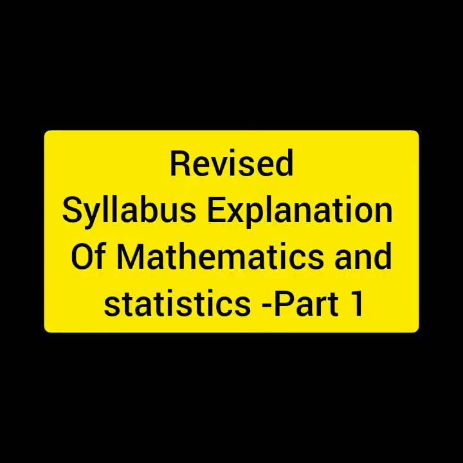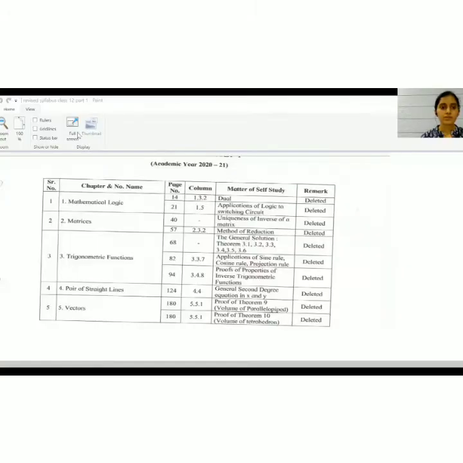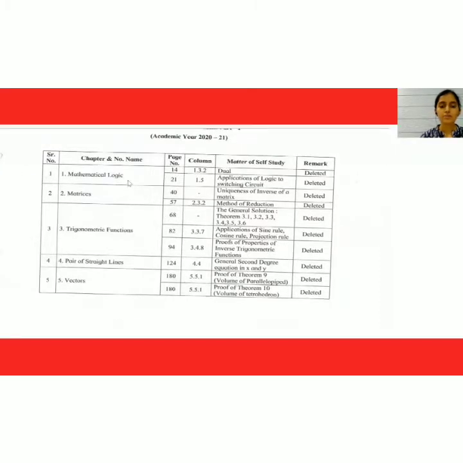So let us begin with mathematics and statistics part 1. In part 1, let me show you what all topics are excluded. You can see mathematical logic, the first chapter of part 1.